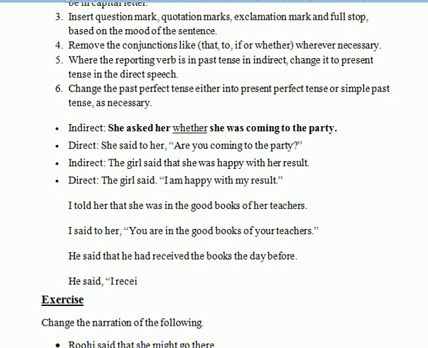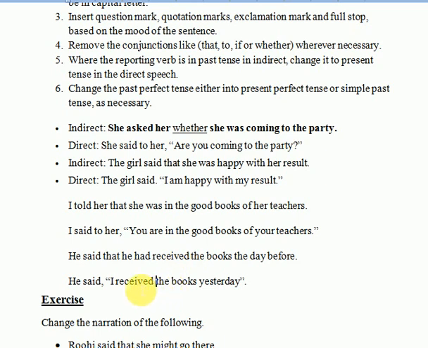"I received the books yesterday." Because the time is most of the time given in the past indefinite, like a week ago, yesterday, etc. If it had been "he said that he had already received the books," in that case we would be going for the present perfect.